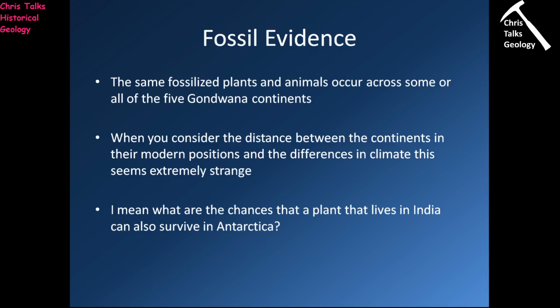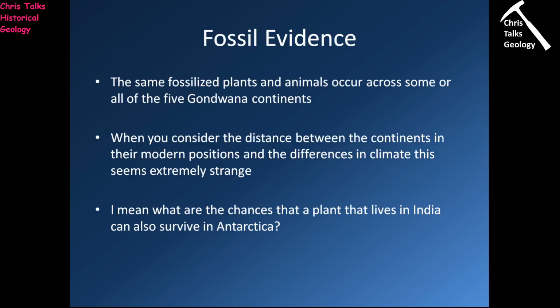Now, when we consider the distances between the continents in their modern positions, and we know that the environments are going to be very, very different between those continents, the chances of you having an animal that can live in, let's say, Australia, and have that animal be able to live perfectly happily in Antarctica, bearing in mind they are completely different environments, well, that's relatively low, isn't it?